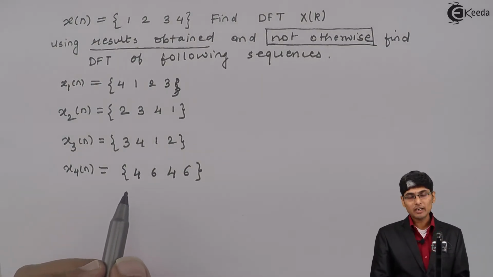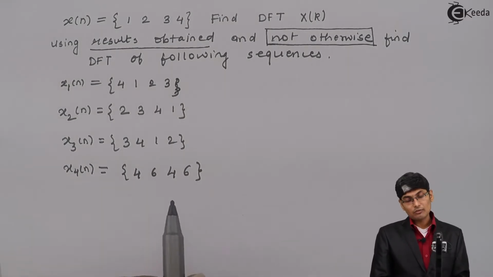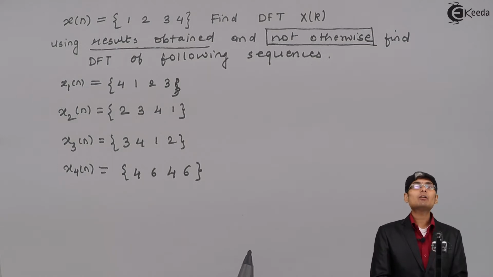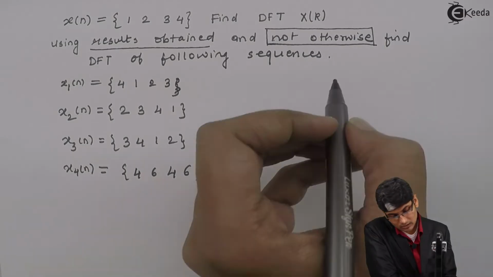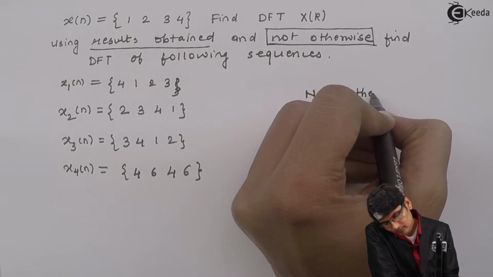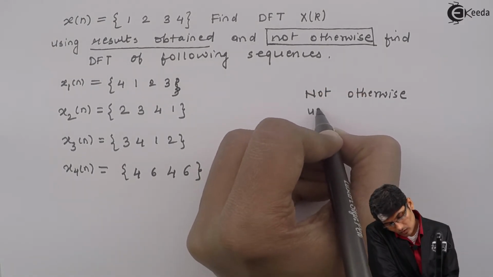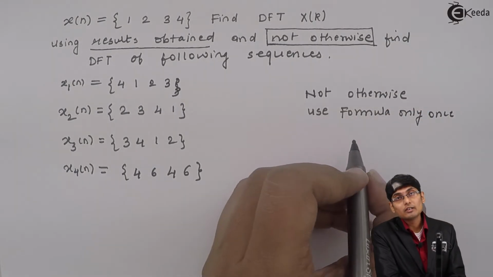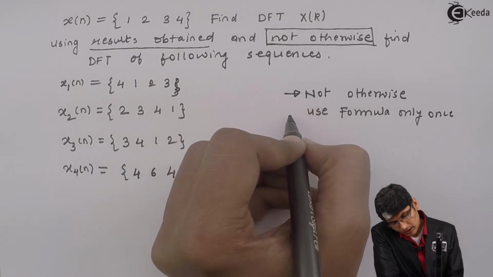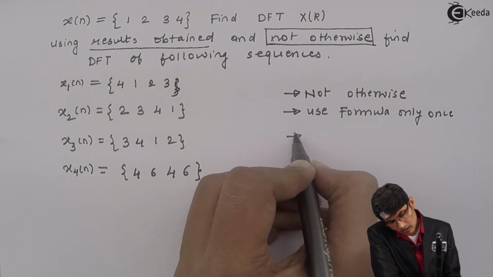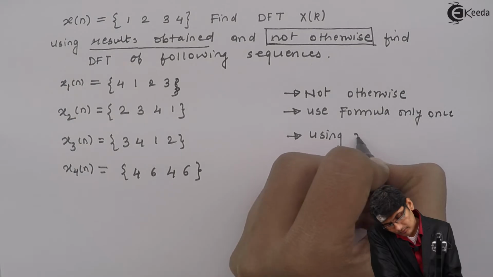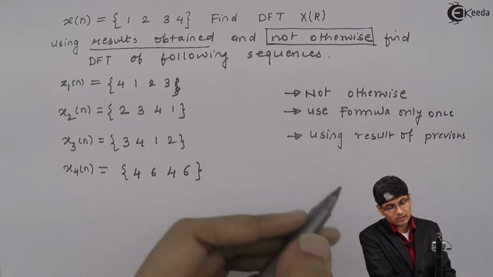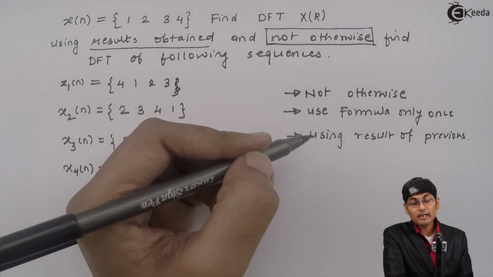So whenever in the problem they write or specify "not otherwise", or "do not use the formula", or "use the formula only once", or "using results of previous", such kind of statements will lead you to say that the problem is based on properties.